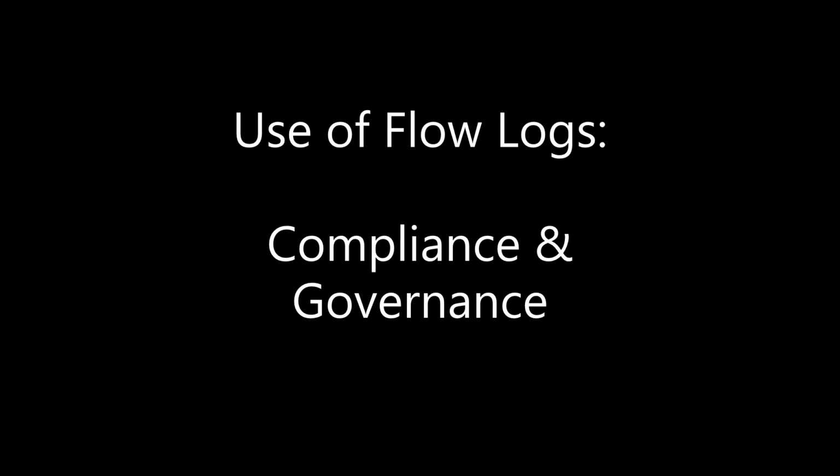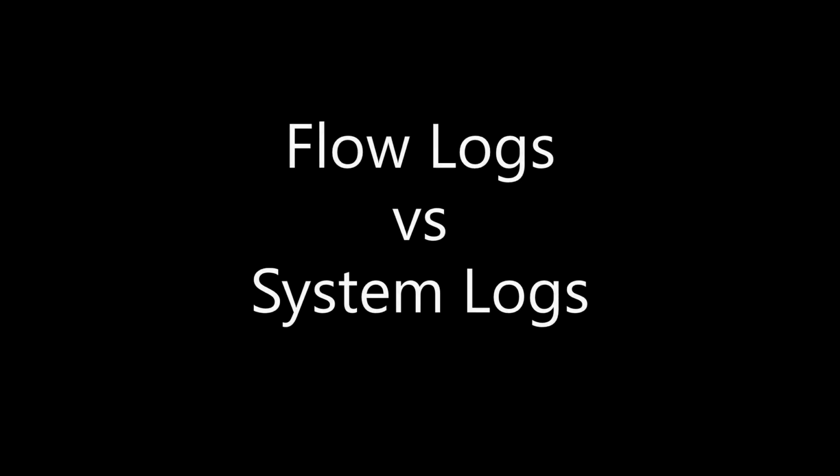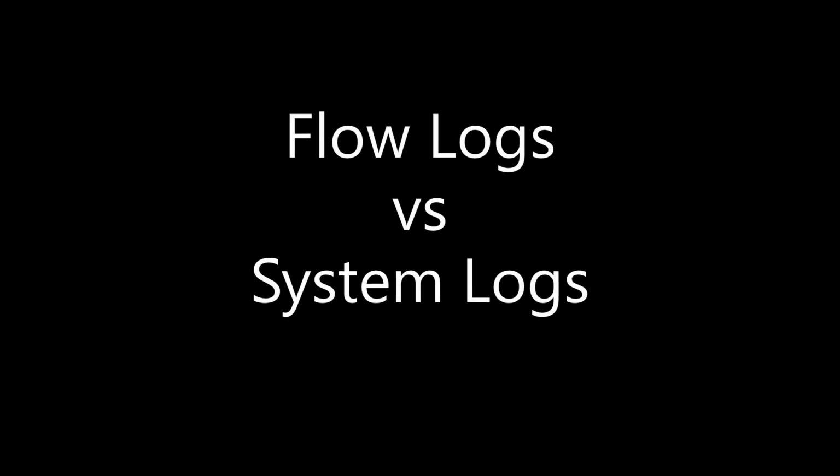Just another real-time example. Flow logs are normally related to what you do in any of the systems, whether it's VPC or IAM or anything else. It is something to capture those activities. System logs are more generic logs.